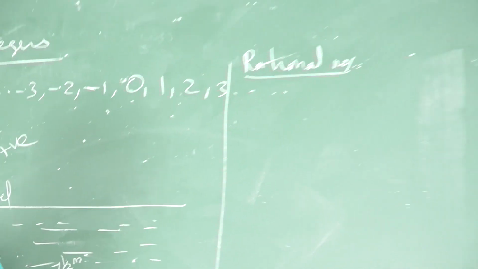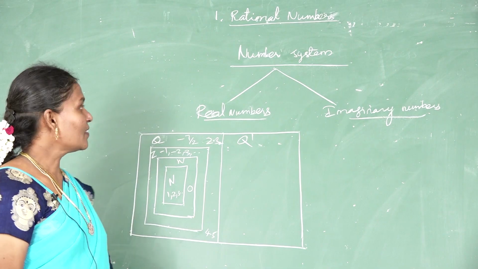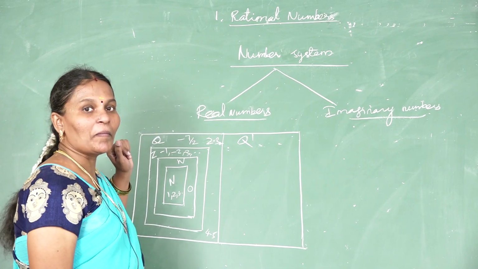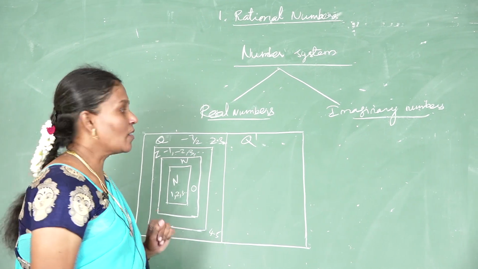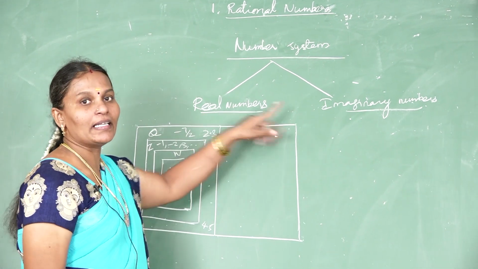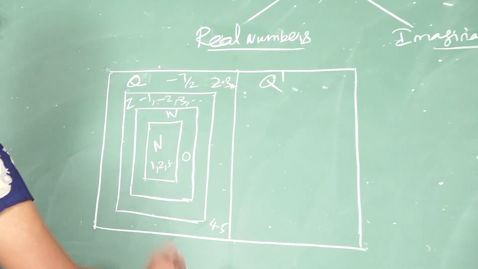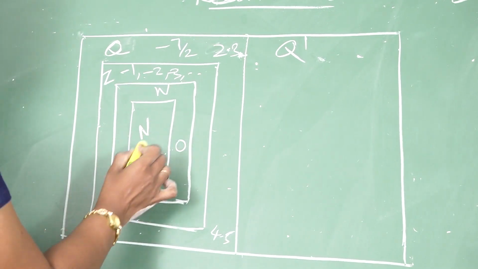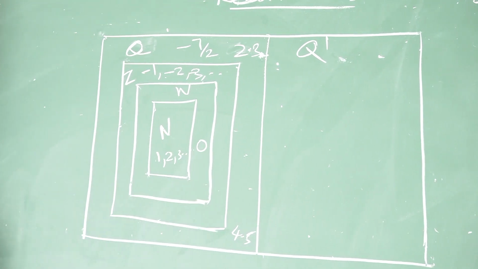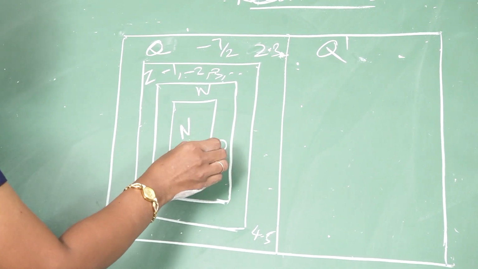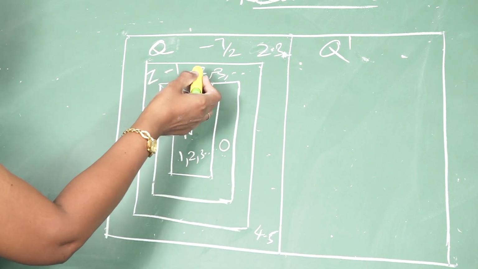So now see the definition of rational number. See here, the number system is basically divided into two groups: real numbers and imaginary numbers. In real numbers, you already know natural numbers, 1, 2, 3, etc. The natural numbers included with 0 are whole numbers.